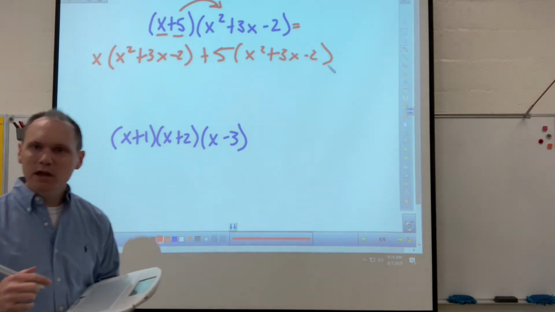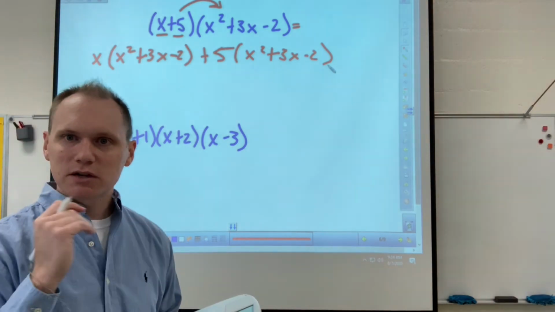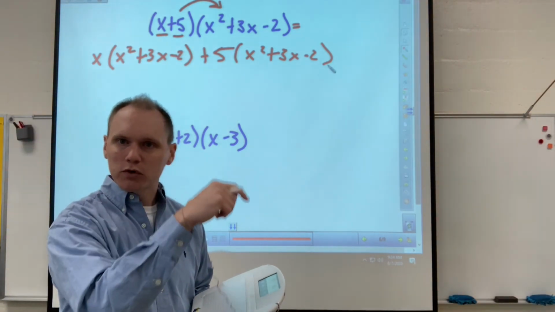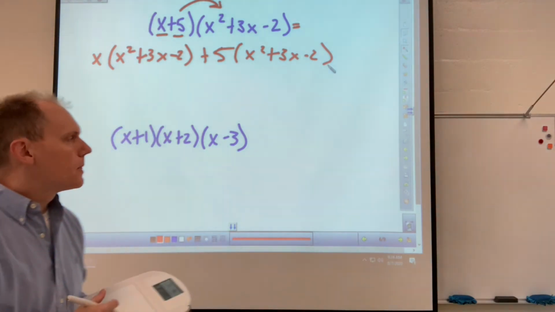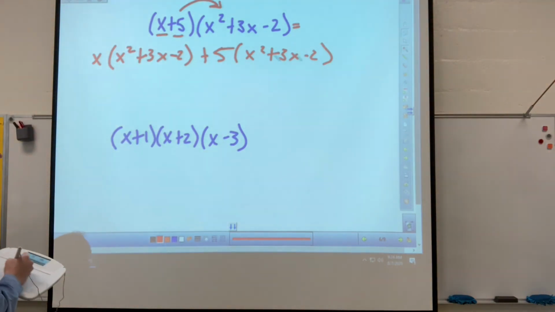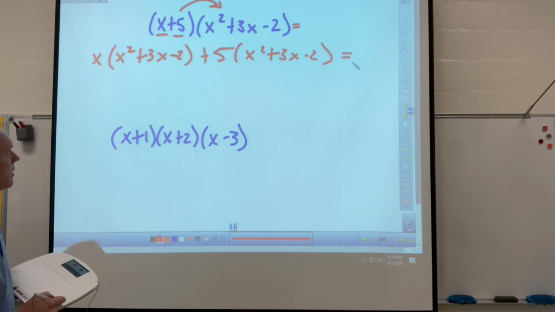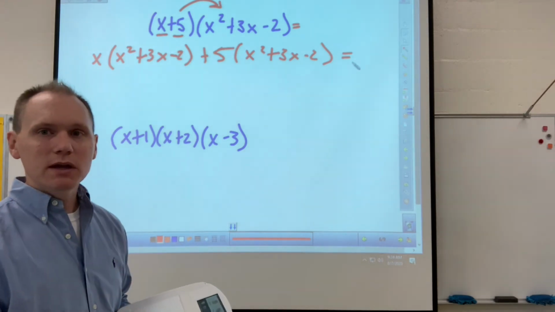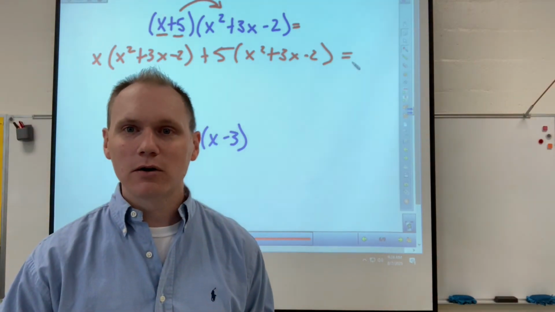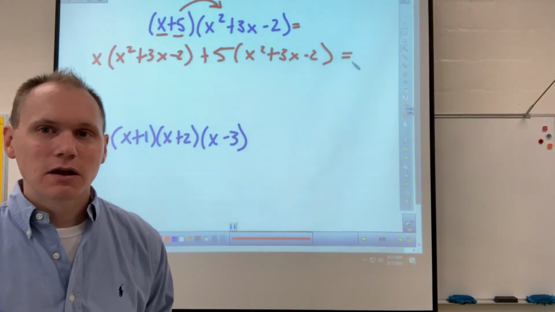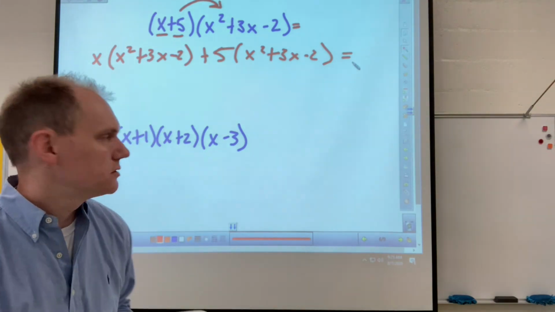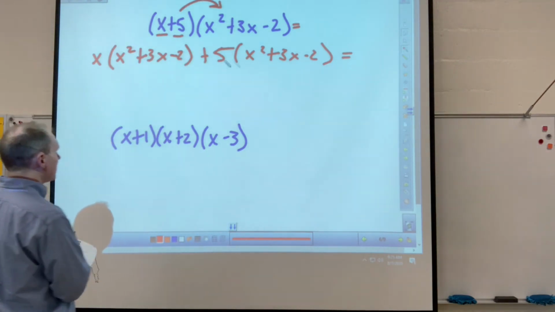Some of you might be able to skip that step and just think through what would happen if we multiply all that in. But I like writing this middle step so you can see how it works. Also, when we get to factoring in our next video, this idea is going to come back and really help us.